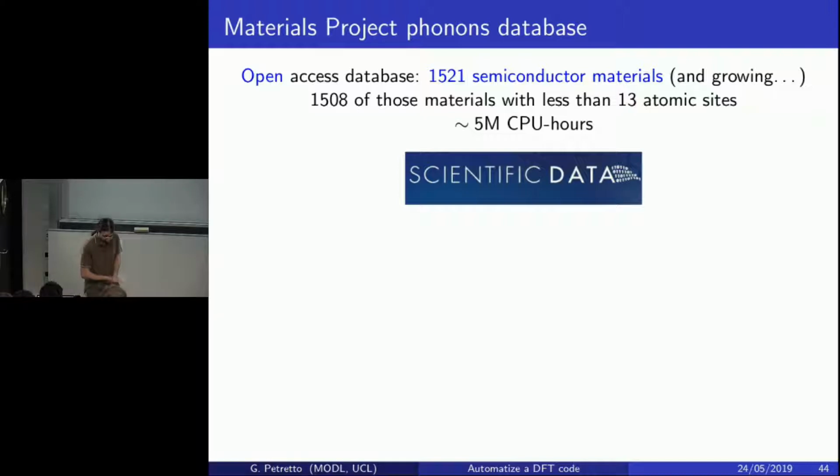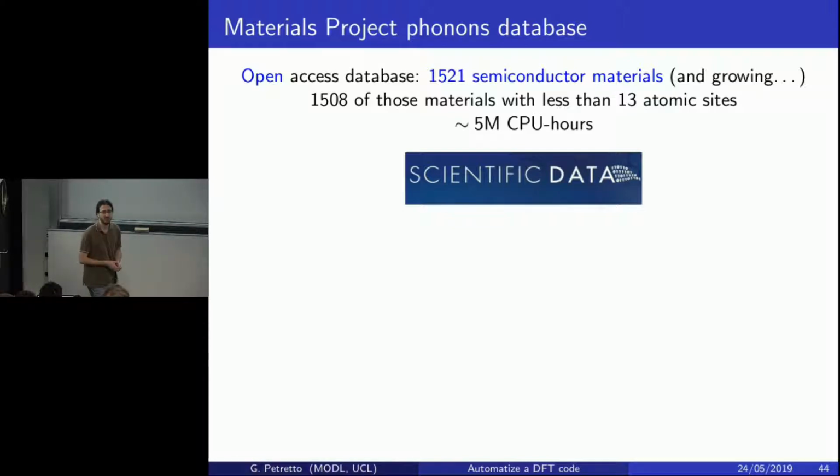So, after having spent years implementing all the tools and running this convergence study, we finally moved to the real calculations. We ran roughly 1,500; actually, this was the published data.